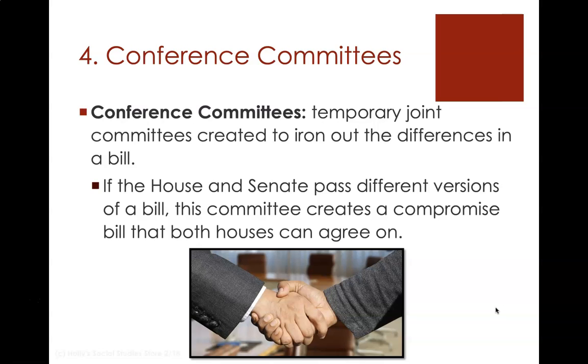Remember we said that if a bill is passed in the House and Senate, but they add some different amendments to the bill, they have to make sure that the bill is the exact same before it can go to the president's desk. So the House and the Senate pass different versions, and they have to compromise before it gets to the president's desk. So that is the end of this section.